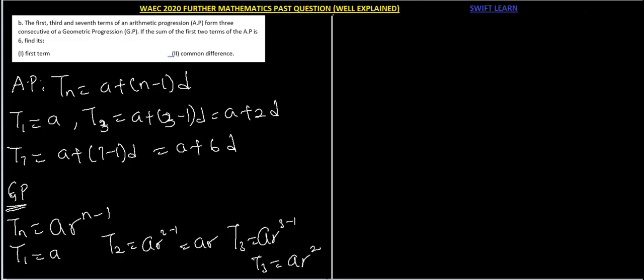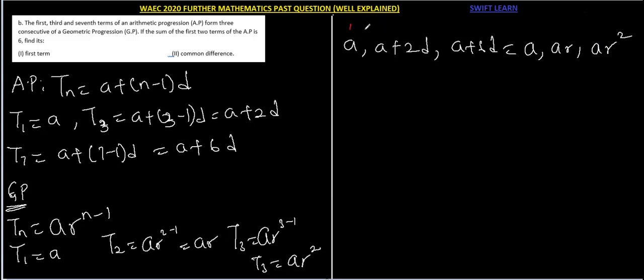Ar square. Alright, so let's arrange them. We have a, a plus 2d and a plus 6d. Form here means equals. It equals a, ar and what? Ar square.